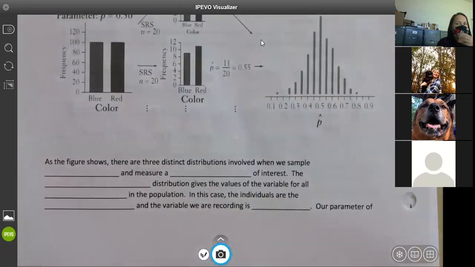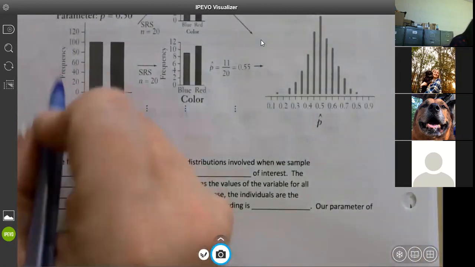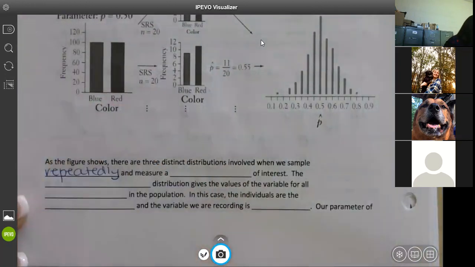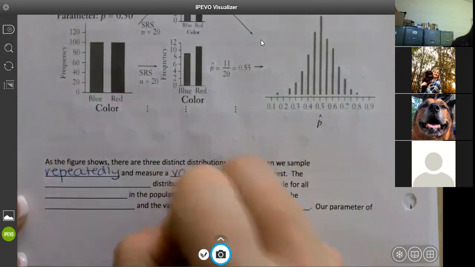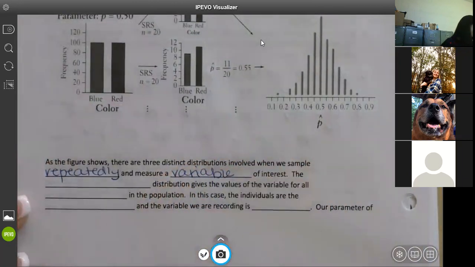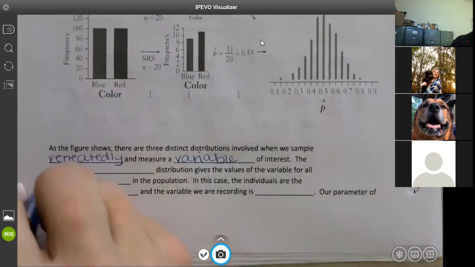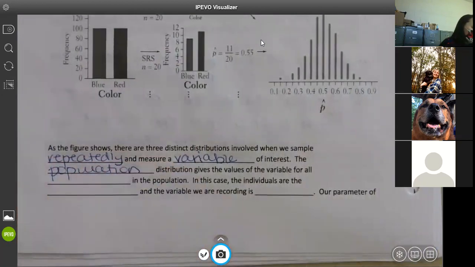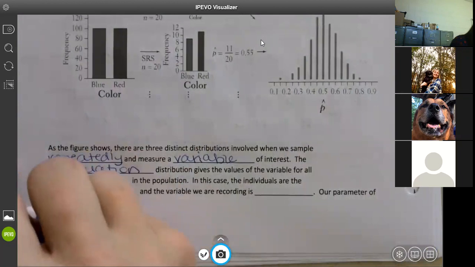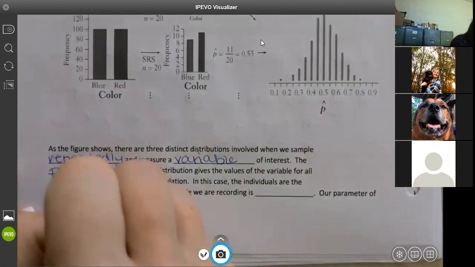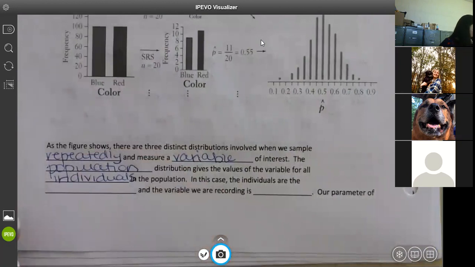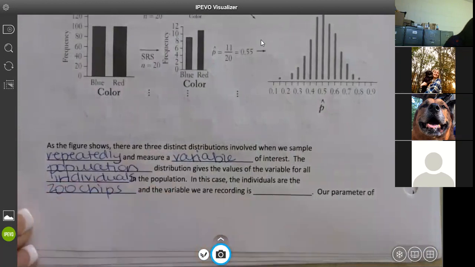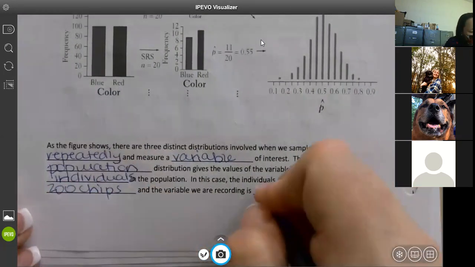As the figure shows, there are 3 distinct distributions involved when we sample repeatedly and measure a variable of interest. The population distribution gives the values of the variable for all individuals in the population. In this case, the individuals are the 200 chips. And the variable we are recording is the color.